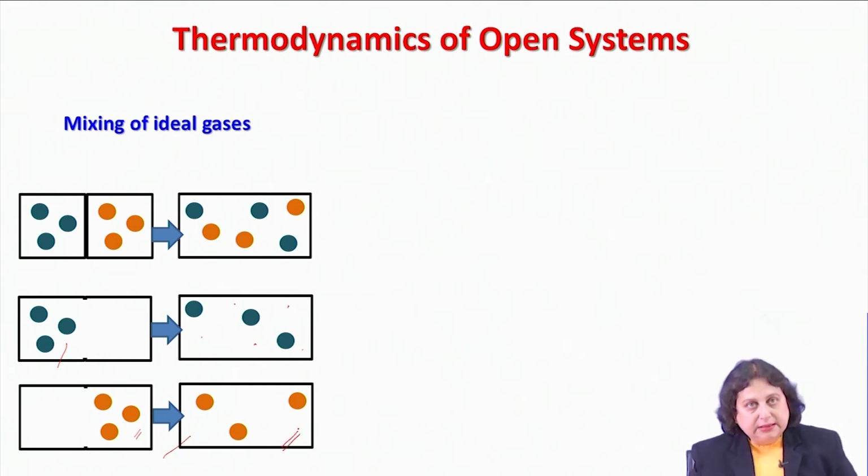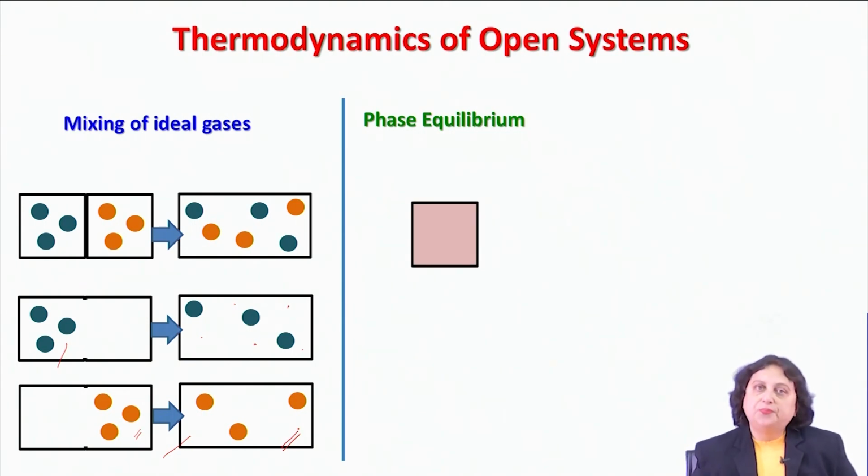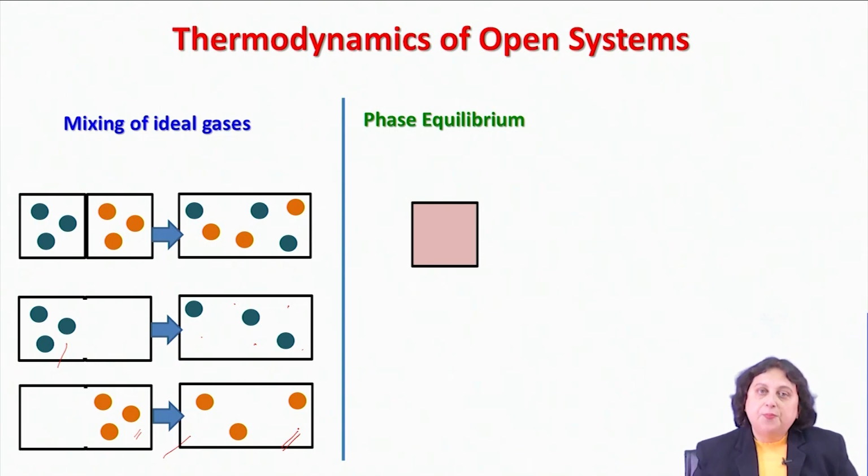And the other example that I would like to cite here in order to discuss thermodynamics of open systems is phase equilibrium. Now, what is phase equilibrium? Let us say that you have a pure substance contained within this box as shown. Now, at a given temperature and pressure, this pure substance may not be stable as a single phase.